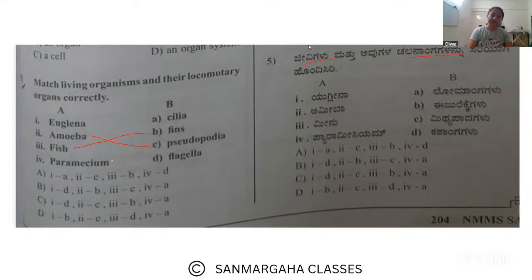So it is nothing but cilia, correct? And now euglena has flagella, right? So you imagine the structure of euglena, you see the tail like structure, right? So that is nothing but flagella.